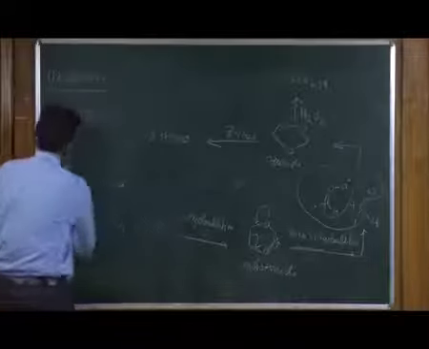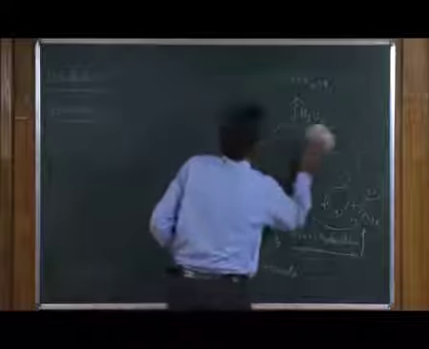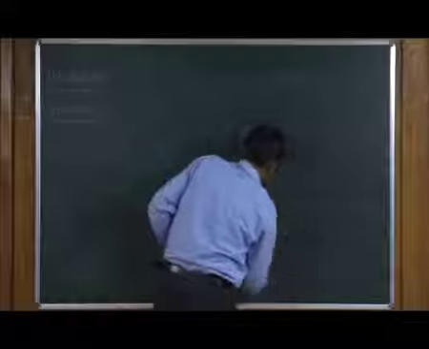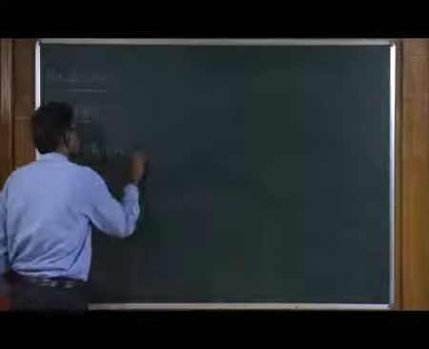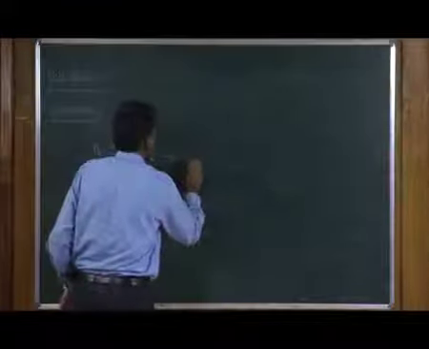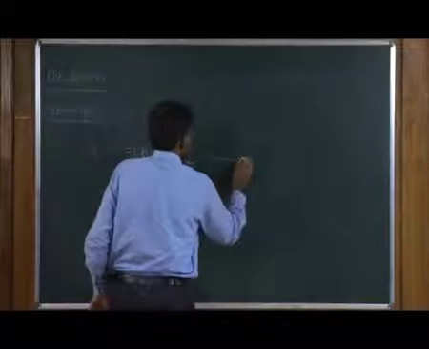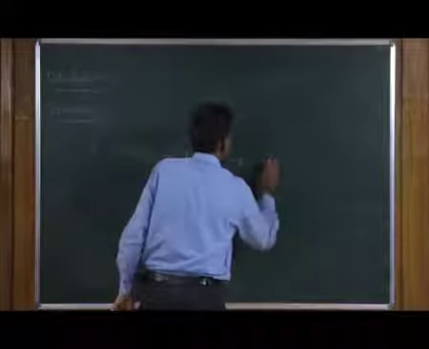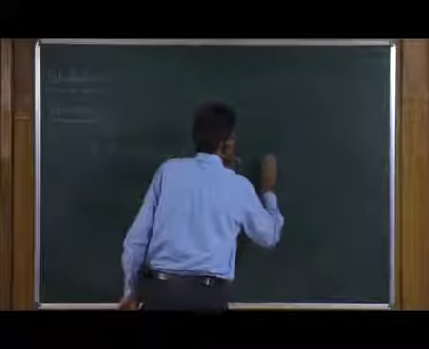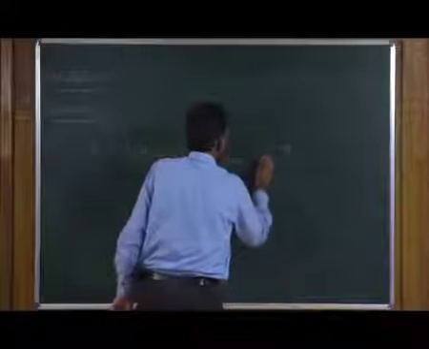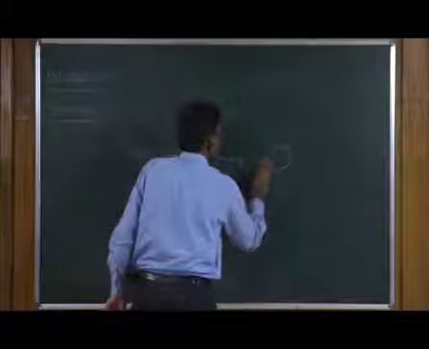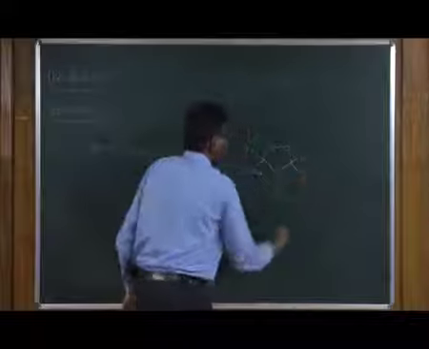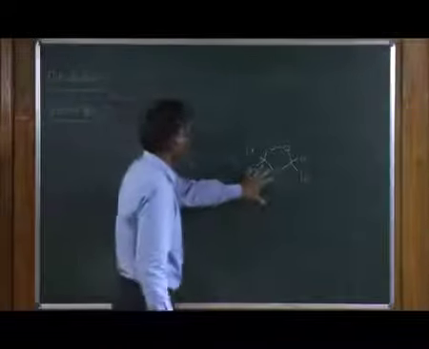And instead of ethylene, if you take other alkenes, for example, unsymmetrical alkenes like propene, when you treat propene with ozone, addition of ozone with this propene can give this intermediate.